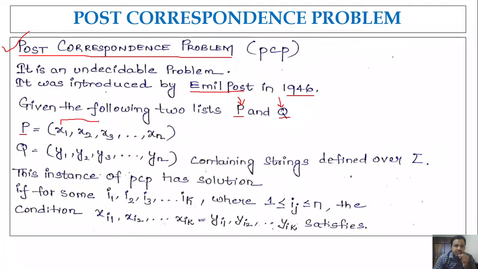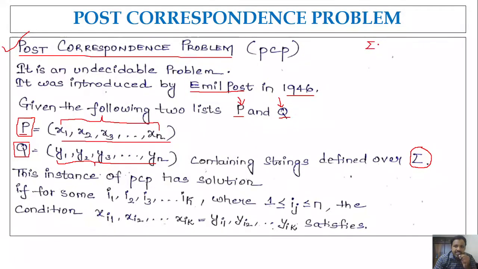These x1, x2, x3, up to xn are the strings or items that belong to the list P. Similarly, we have a sequence of strings in a list Q, Q equal to y1, y2, y3, and so on up to yn. The strings in P and Q are defined over an alphabet set sigma.